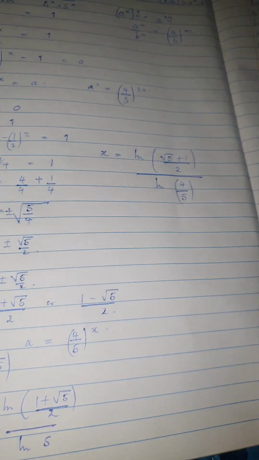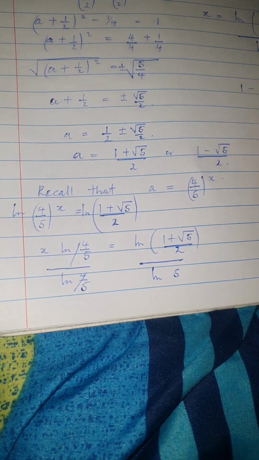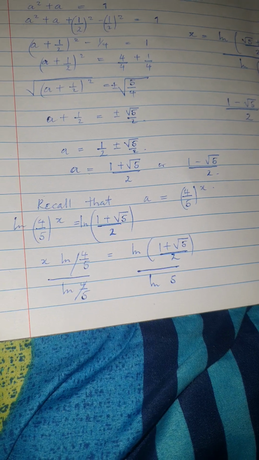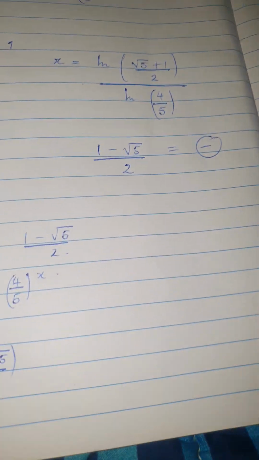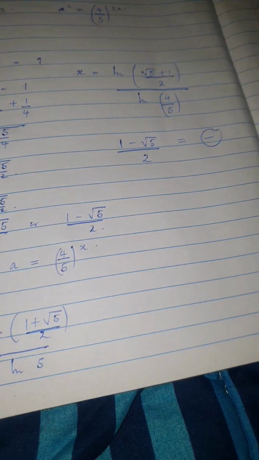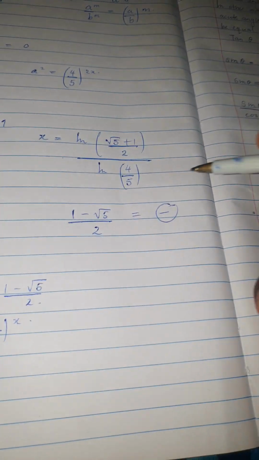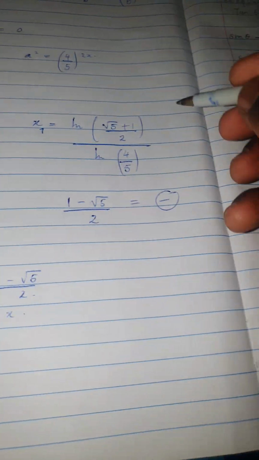Now, the reason why I left the value negative 1 minus root 5 over 2 is because this one is a negative number, and we cannot take the logarithm of a negative number. We can, but we'd be using complex numbers, so we write our x as our solution.